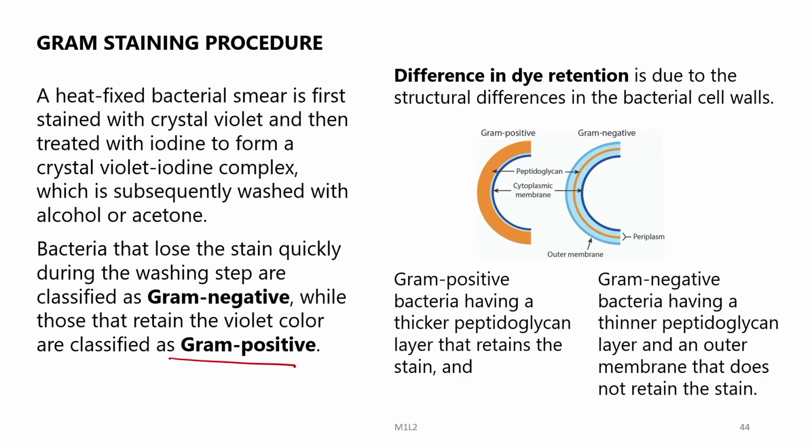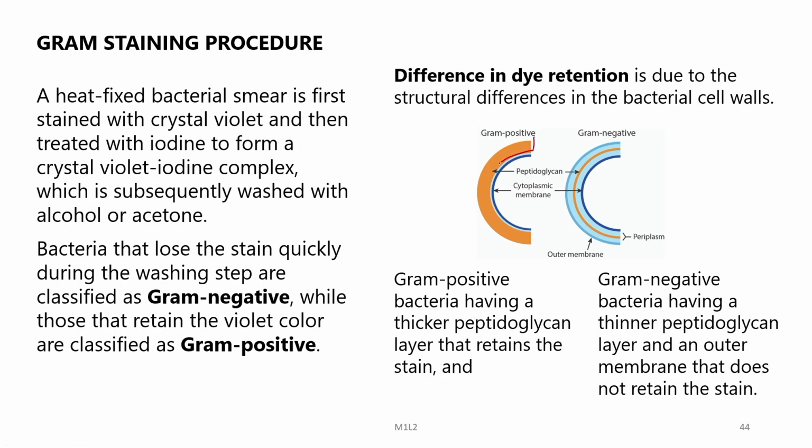Now, why is there a difference in the retention of the dye? This dye retention is due to the structural differences in the bacterial cell walls. For example, the Gram positive bacteria have a thicker peptidoglycan layer that retains the stain.